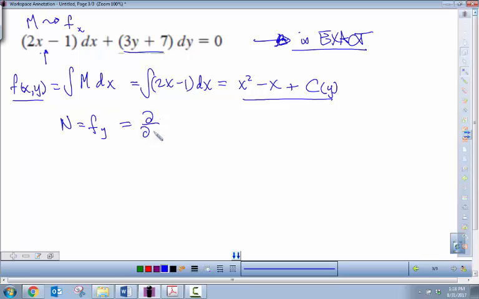With partial derivatives, they use this funny looking d, the curvy d, to say that I want to take the derivative of my f function with respect to y.